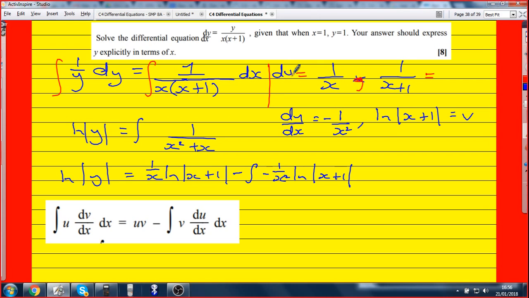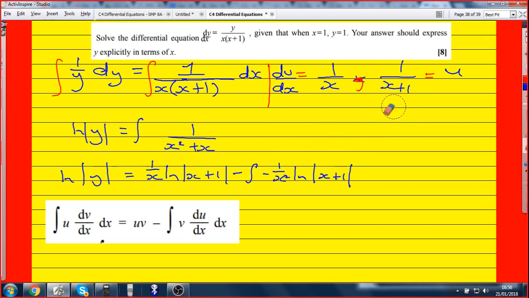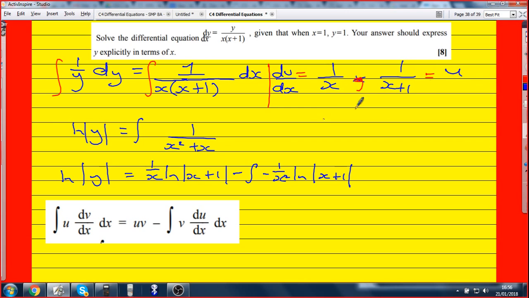So this one, yes, that'll work. The other thing that I believe will work is if we were to swap them around. So basically we said the harder of the two is u and the easier of the two is dv dx. That way you're integrating the easier one. But yeah, partial fractions is probably the easiest way because it's just two fractions.